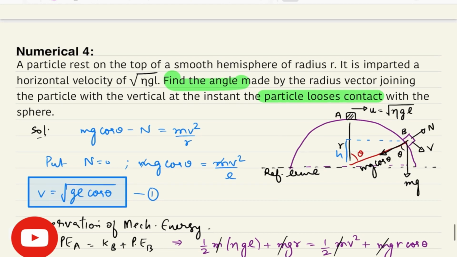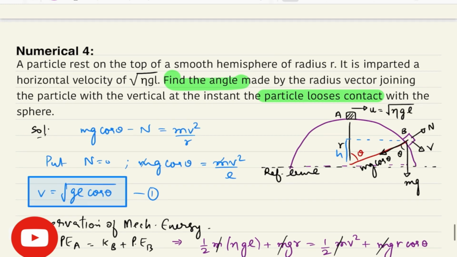I think there should not be L, there should be R, because L corresponds to the length of the string and R is the radius.